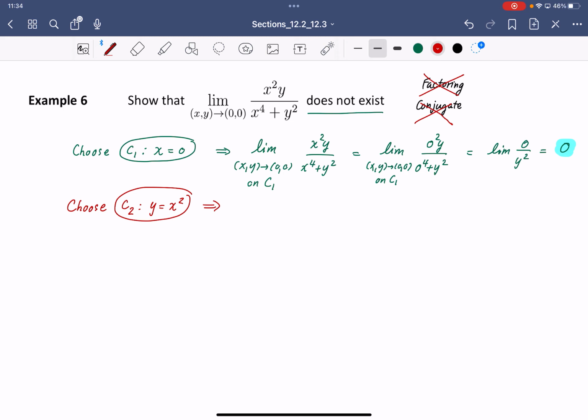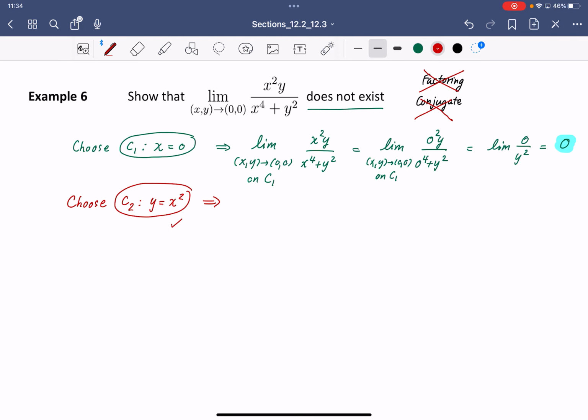Once you pick y equal to x squared, this curve also works because it passes through (0, 0). So it's the limit as (x, y) goes to (0, 0) on C2, and you just plug in y equal to x squared. Once you simplify, you get the limit of x to the fourth power over x to the fourth power plus x to the fourth power, which is good because it cancels and you get 1/2.